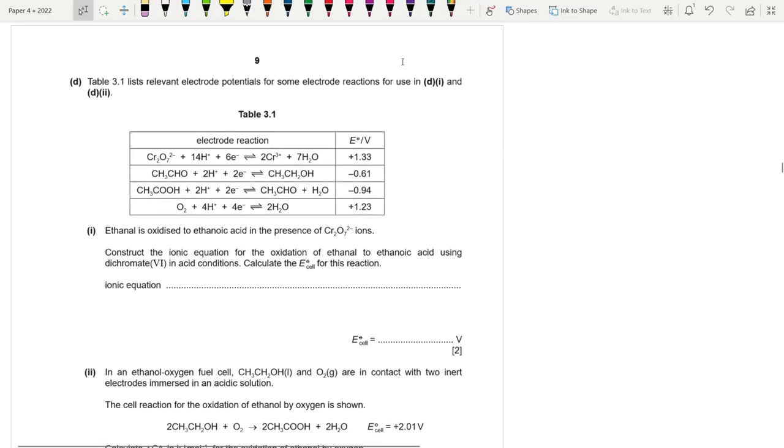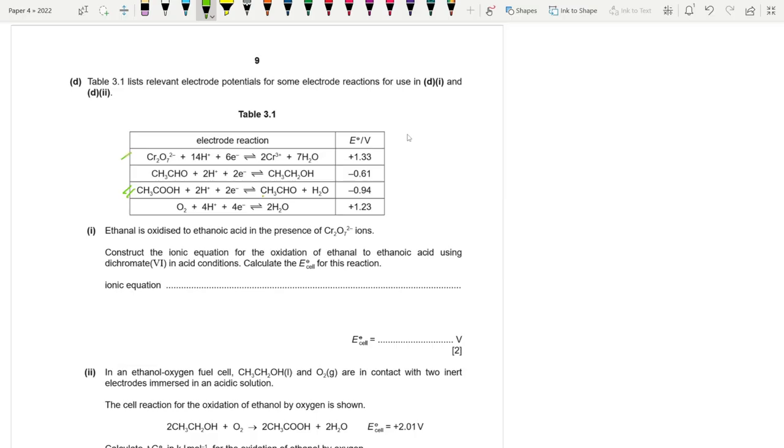We don't have access to a data booklet, so all info will be given in the sheet. We have to use this. Table 3.1 lists relevant electrode potentials for some electrode reactions for use in D1 and D2. Ethanol is oxidized to ethanoic acid. So we have to use this equation, oxidation of ethanol to ethanoic acid, using dichromate in acidic conditions.